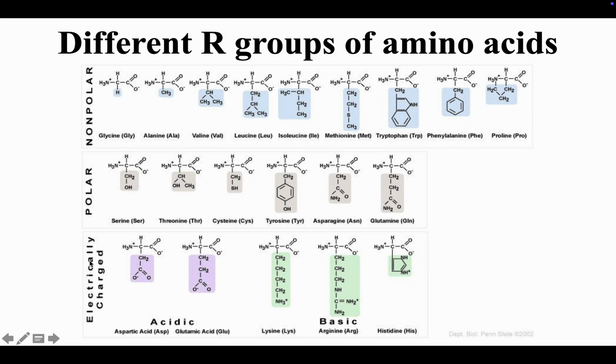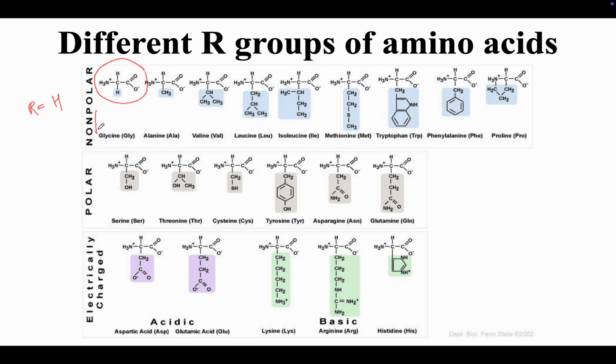The non-polar R groups are mostly aliphatic in nature. The simplest amino acid here is glycine, in which the R group is hydrogen, whereas there are other amino acids which have different aliphatic groups.